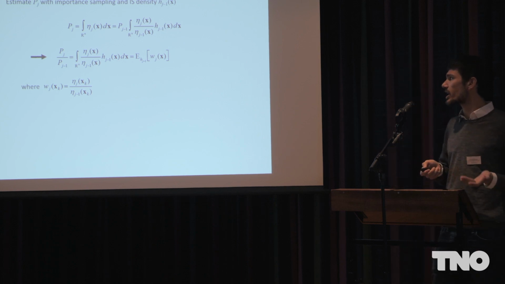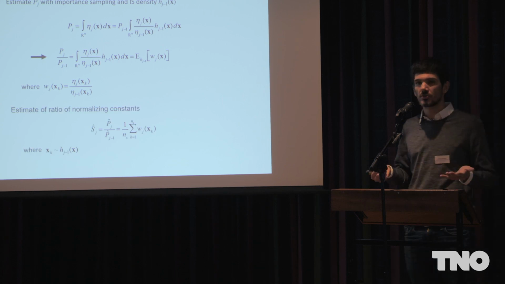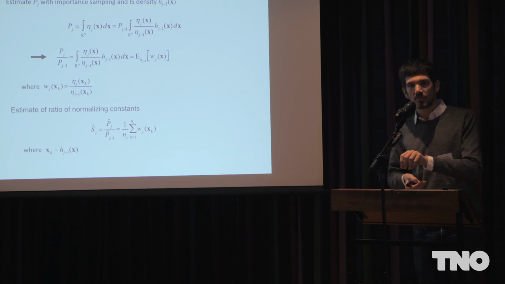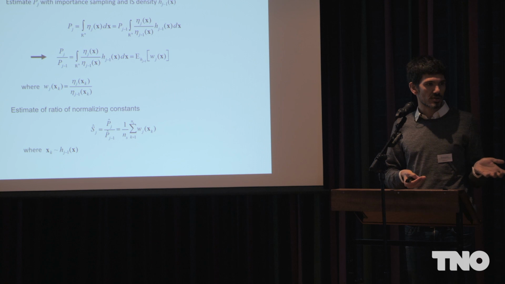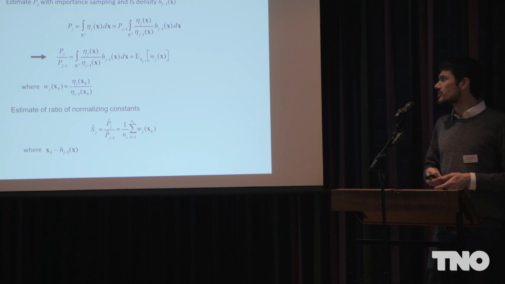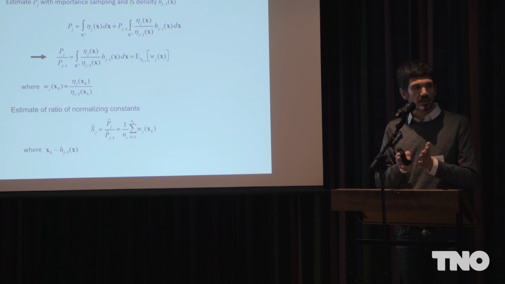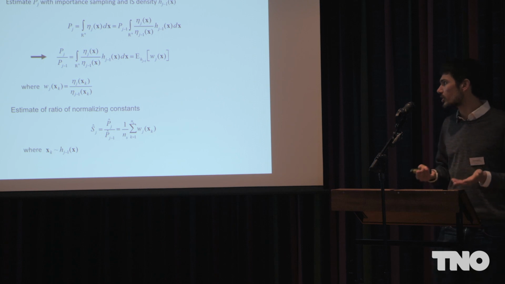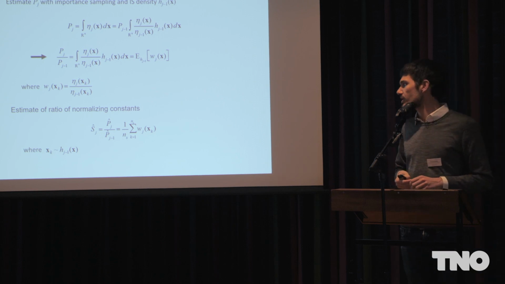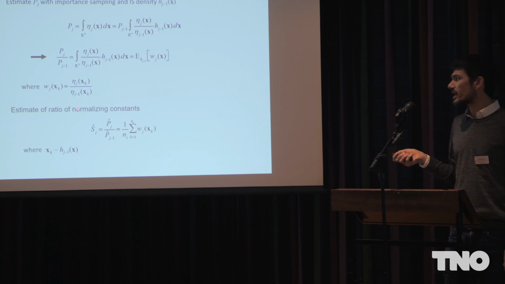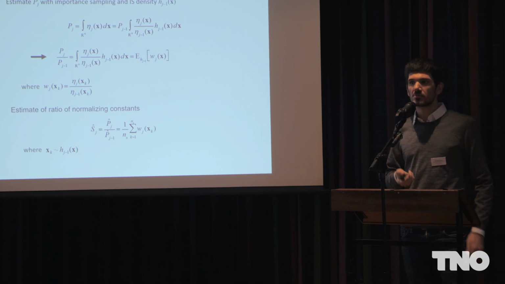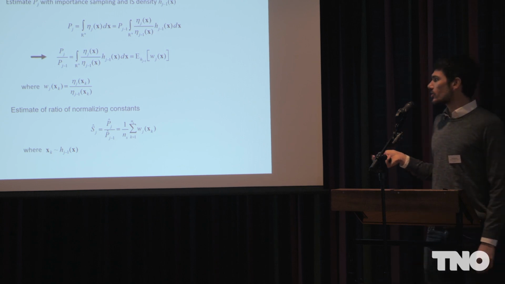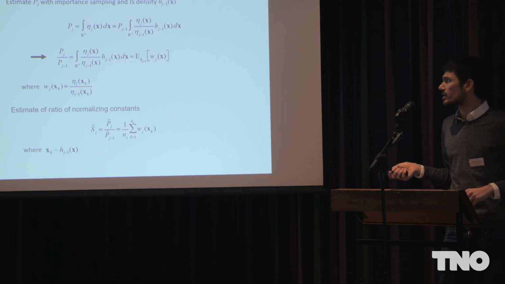Okay? And this is how we estimate the normalizing constant. In principle, we estimate the normalizing constant of the next distribution by performing importance sampling with the previous distribution in the sequence. By ensuring that these distributions are not that different from one another, which you are usually able to do in an adaptive way, you can make sure that the estimate of this ratio of normalizing constants is a good estimate. Okay, so this is how we estimate the normalizing constant.